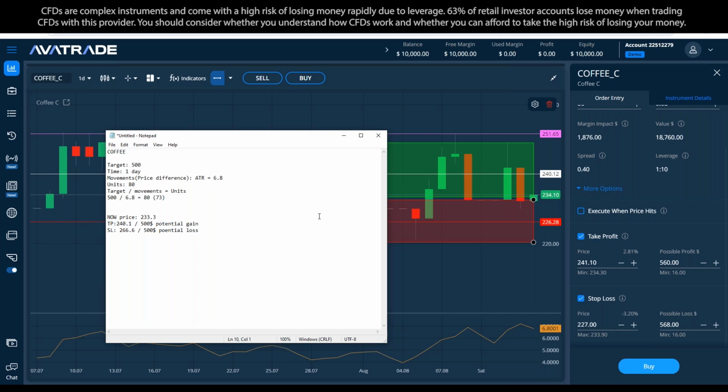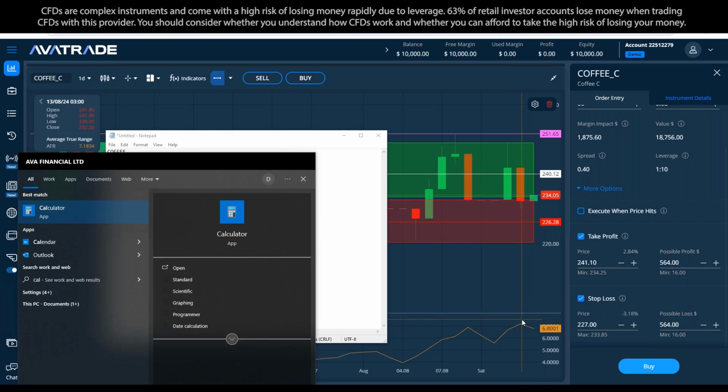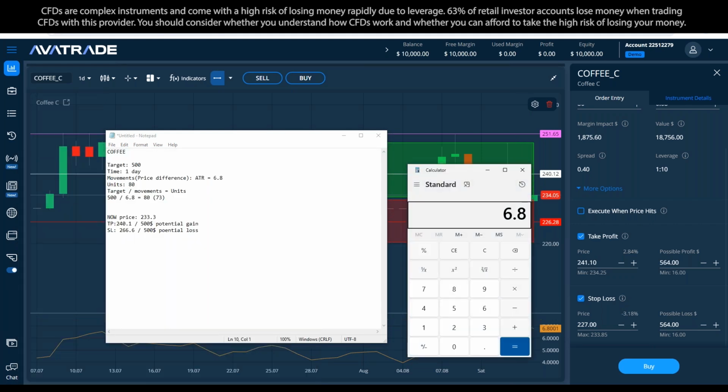The only thing missing for me to compose this position with a bit more sense is that the ratio here, instead of being 1-to-1, will be 1-to-1/2. So instead of locating my stop loss $6.8 away, I'm going to chop this by half, which means instead of $6.8 away, it will be 3.4.